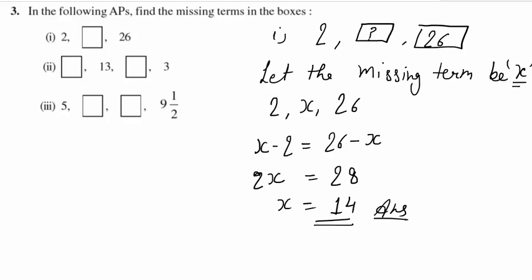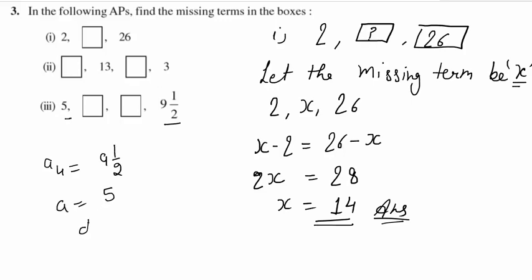This is our answer. Now in the third question, here we have two blanks. So how will we find this? Now this is A, and this is the fourth term, that is A4. You will use A4 equals 9.5 and A5.